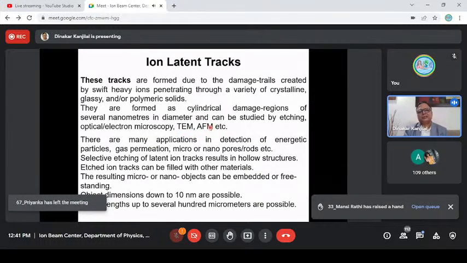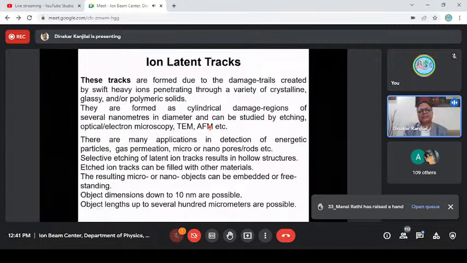AFM in conducting mode gives a good feeling about it in direct space without etching. Because with etching, one has to understand how much time one is etching. That has to be standardized first with non-ion samples. But here you see directly in direct space, without doing anything.